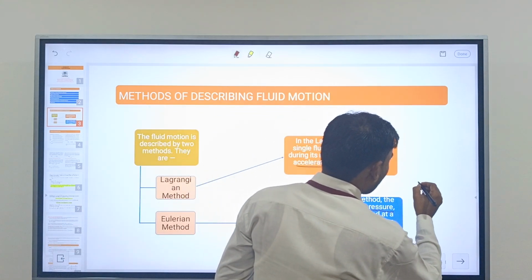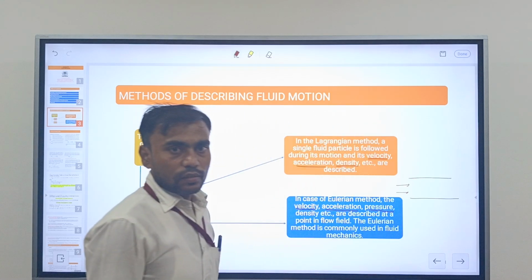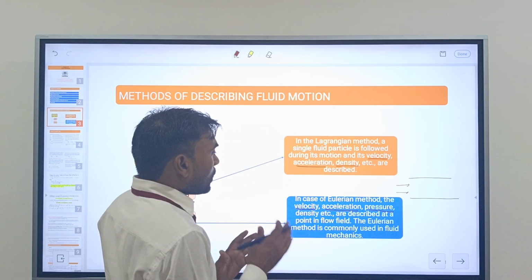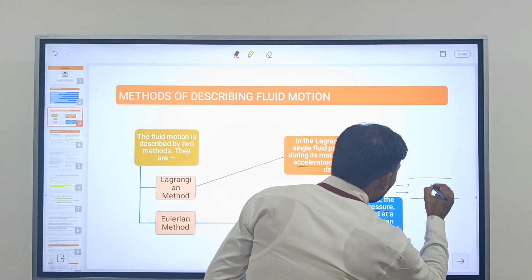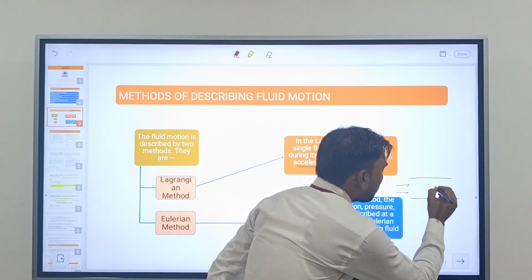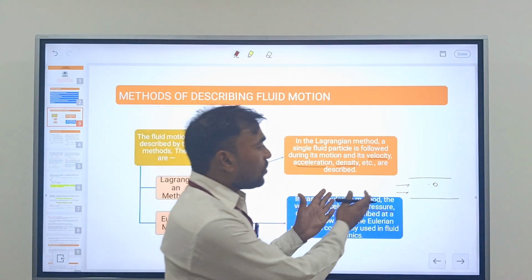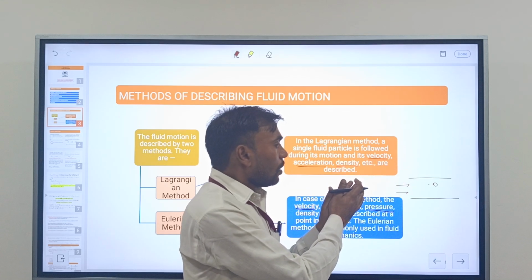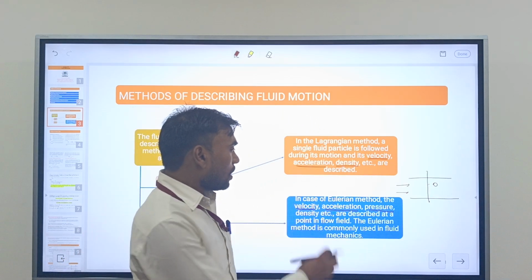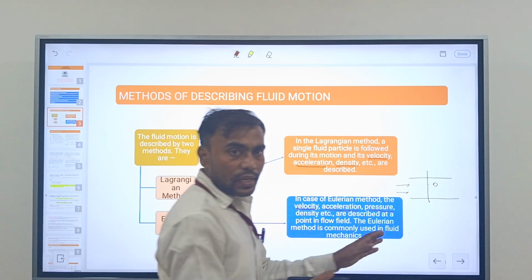Suppose this is a channel in which a fluid flows. In the Eulerian method, we consider a certain point, let us call it O. At point O, all the fluid particles pass through it, and we measure the velocity, acceleration, pressure and density there.